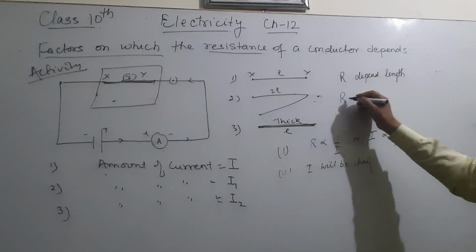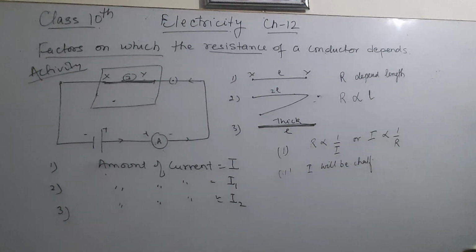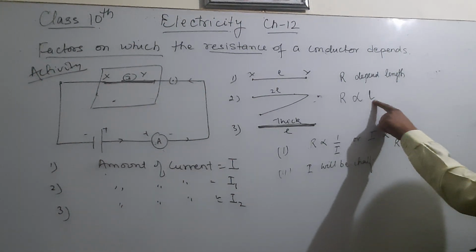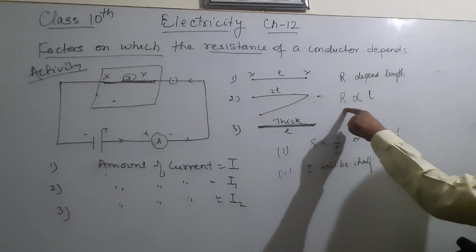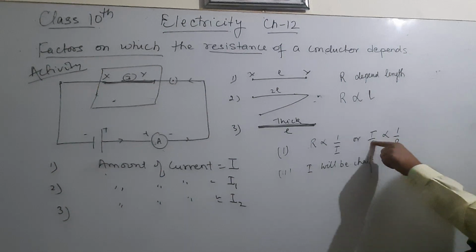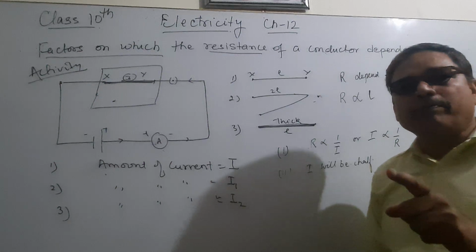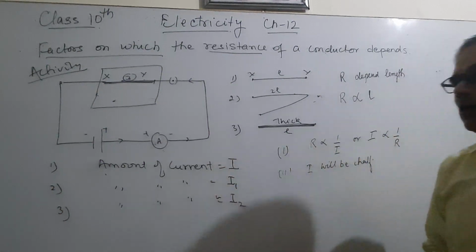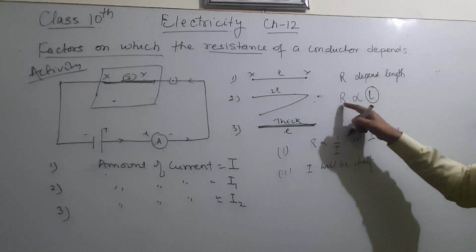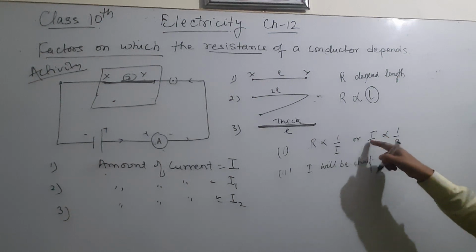Resistance is directly proportional to length. If length is increased, then resistance will increase, and if resistance increases, current will decrease. We know the current is inversely proportional to the resistance.